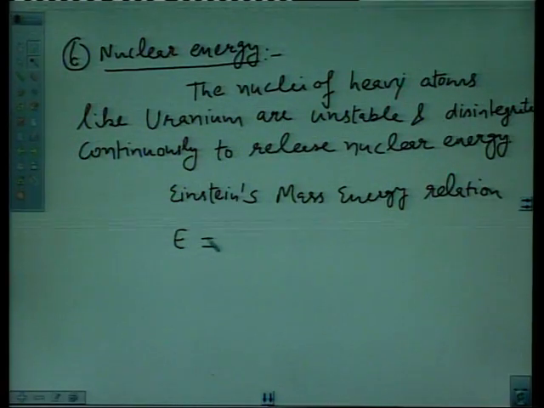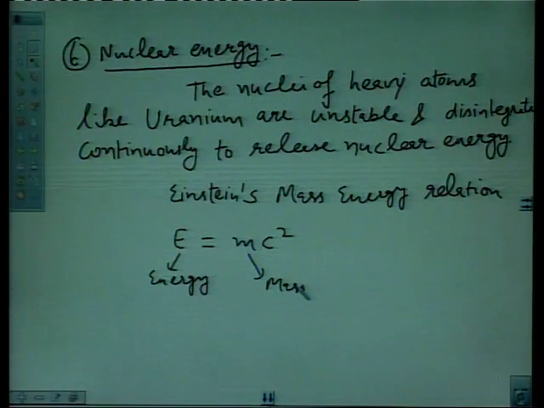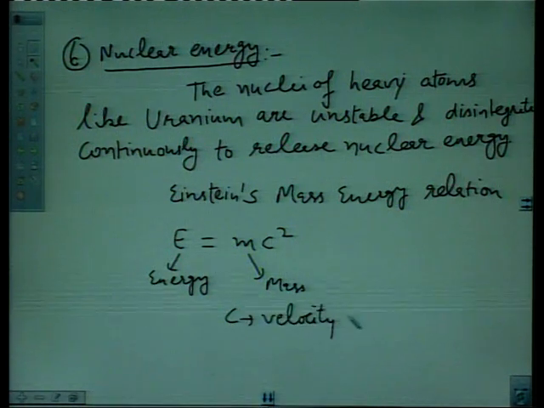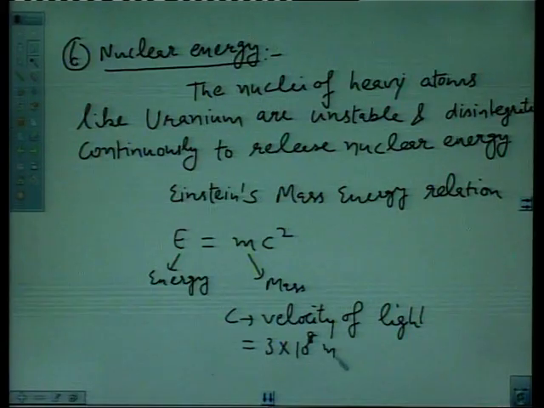The relation between energy and mass is E = mc², where E is the energy, m is the mass, and c is the velocity of light, which is equal to 3 × 10^8 meter per second.